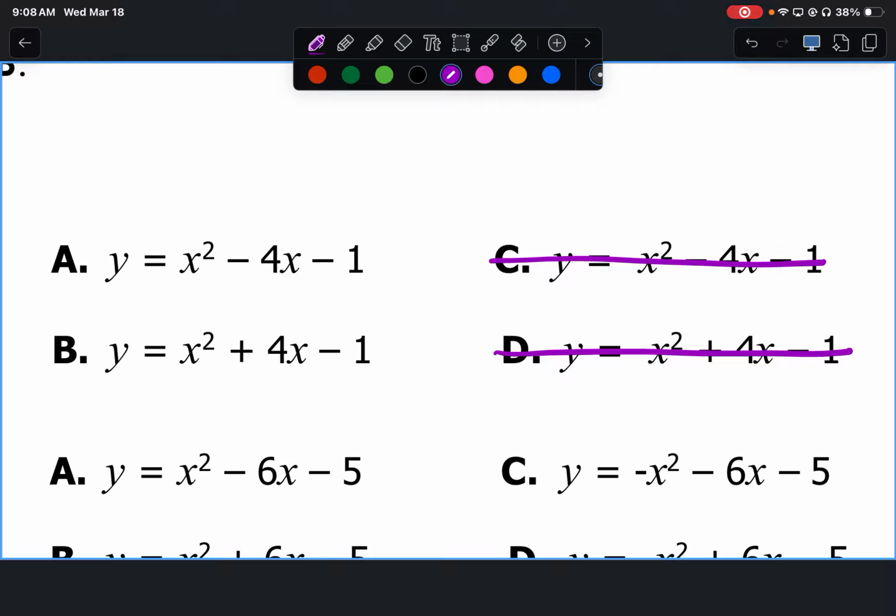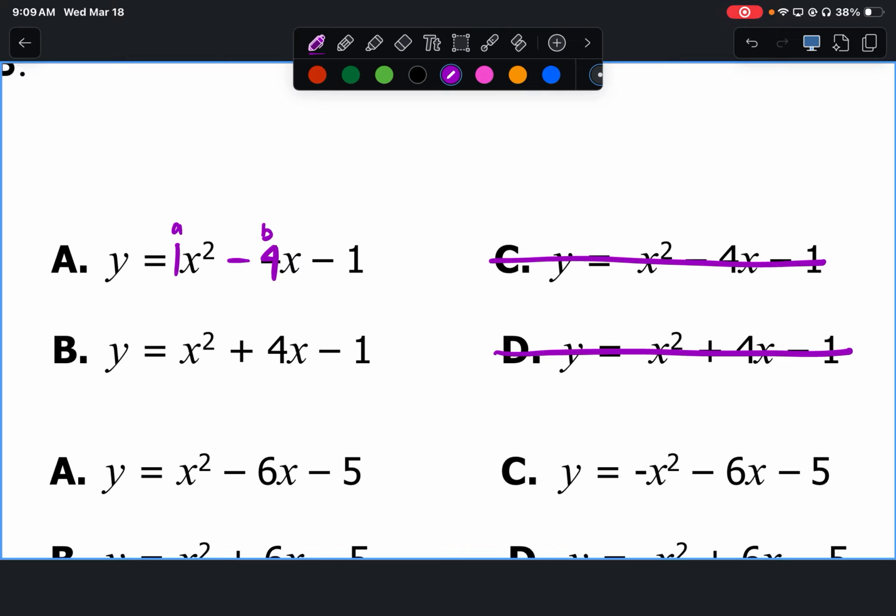Now we have 2 options left. So I'm just going to start with option A, and I'm going to calculate the axis of symmetry and just see if that one works, because we're just using the process of elimination here. So when we look at A, what is our A term on option A? 1. What is our B term? -1.